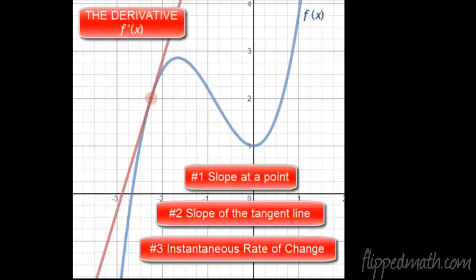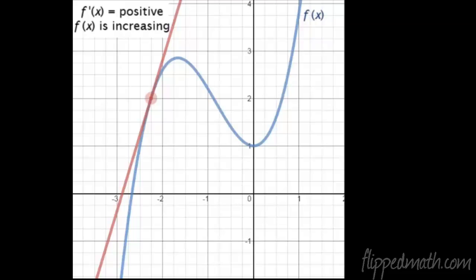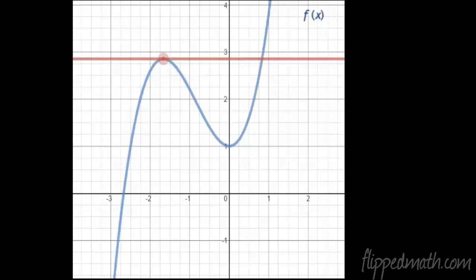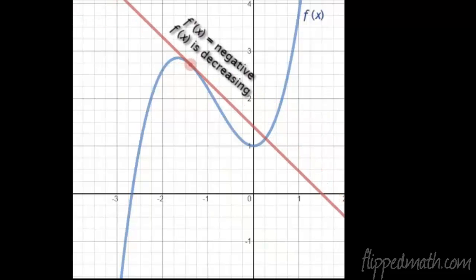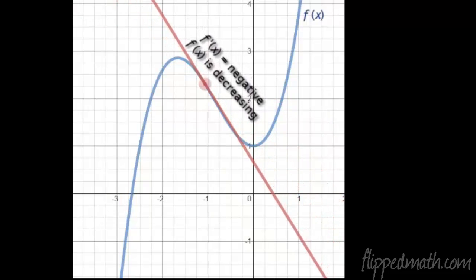So if you look, I went ahead and graphed the tangent line there. If you look at that, the slope of that is positive. So if I go ahead and animate this point, it is a positive increasing function until here. Boom, all of a sudden, now I'm looking at a horizontal tangent line, which, as you can tell what's happening here, I hit a maximum point. Then if we keep this going, you can see that is a negative tangent line.